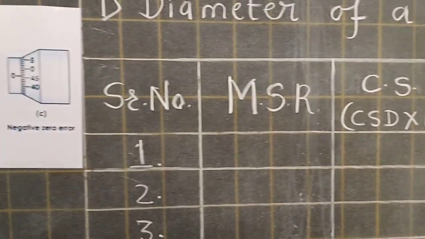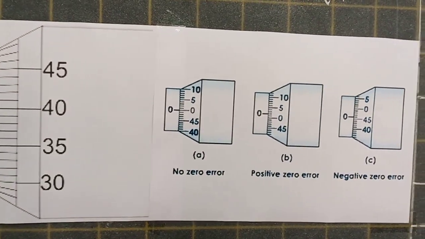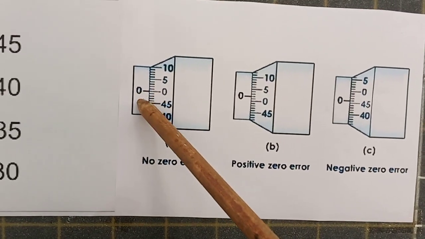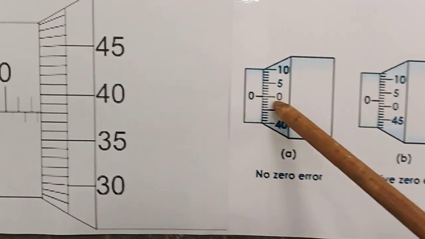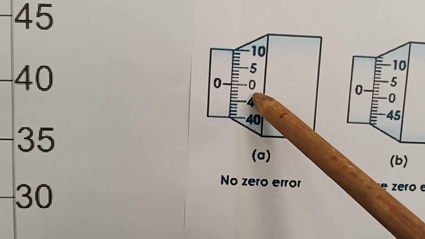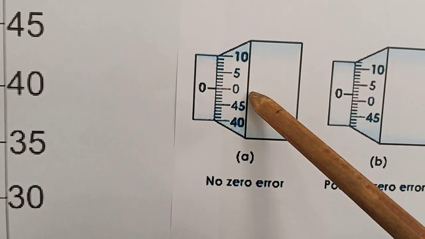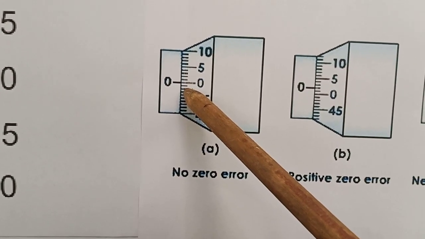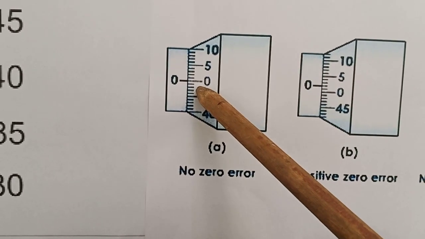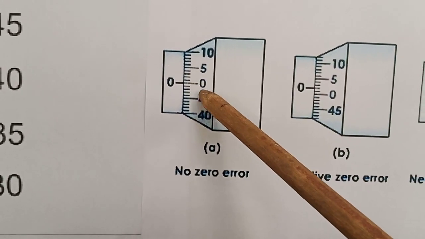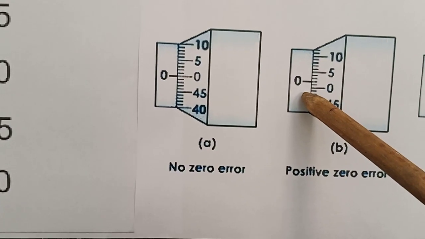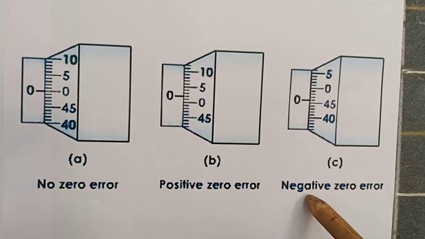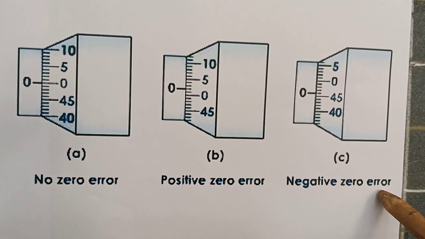Now, dear children, an important term to be understood is called zero error. What does it mean? If the reference line coincides exactly with the circular scale 0, it means there is no zero error in that instrument. But there are two types of error. One is called positive zero error and the other is negative zero error.